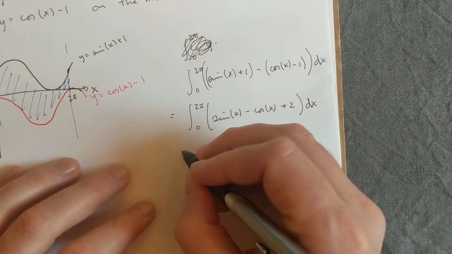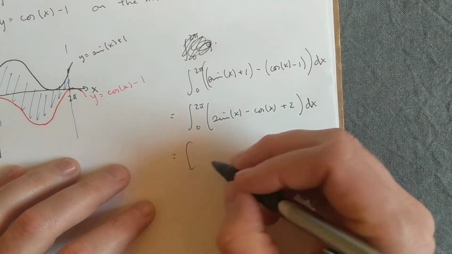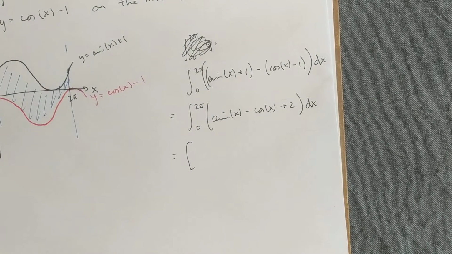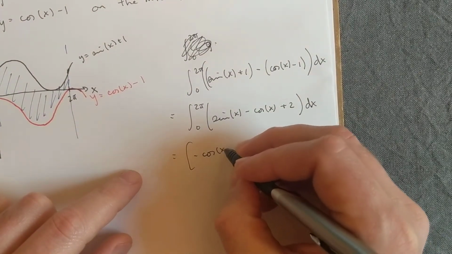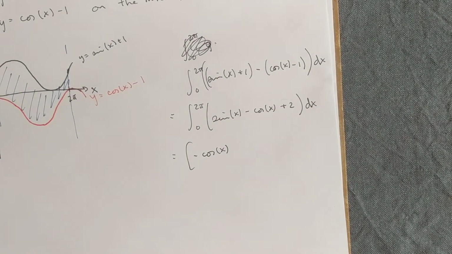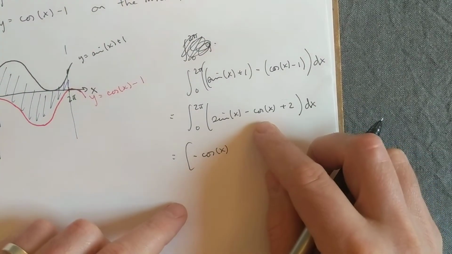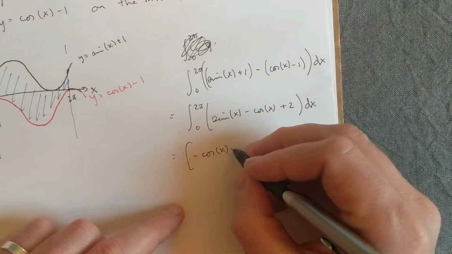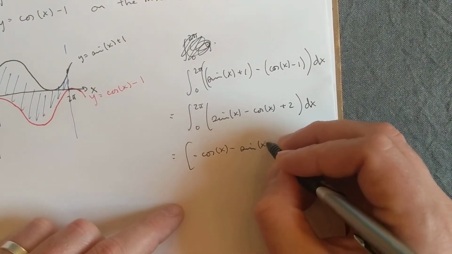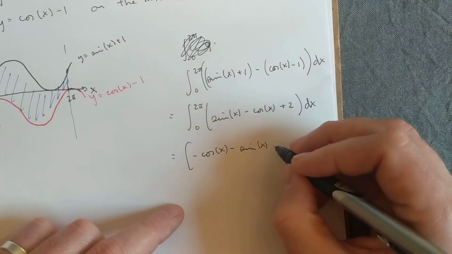Okay, so now we can take the integral. So the antiderivative of sine of x is negative cosine, since the derivative of cosine is negative sine, and the antiderivative of negative cosine is still negative sine because the derivative of sine is cosine.